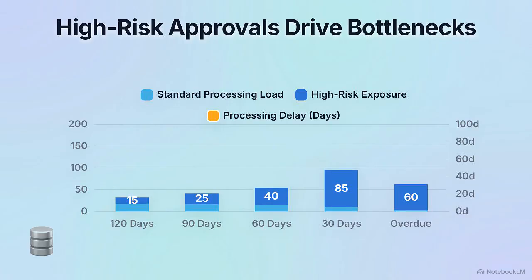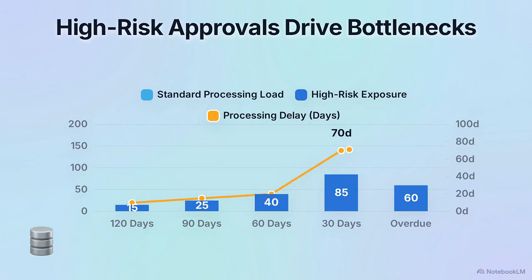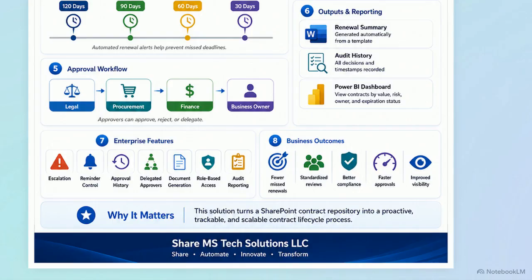Leadership can proactively manage the portfolio by segmenting data based on contract value or assigned risk level, identifying areas of exposure. They can also track operational health by monitoring departmental ownership loads and identifying where contracts are bottlenecking based on expiration status. As the system is adopted, review cycles become standardized and predictable, leading to fewer missed renewals and more reliable forecasting.